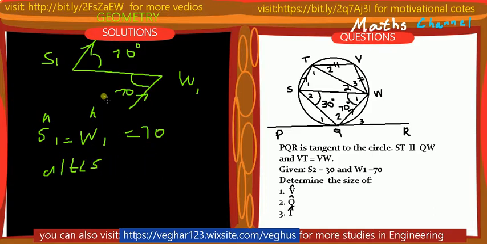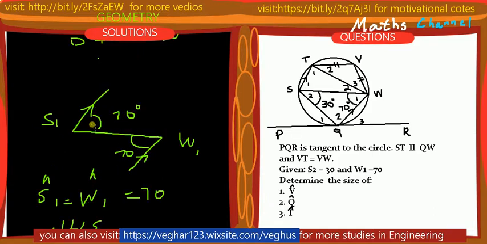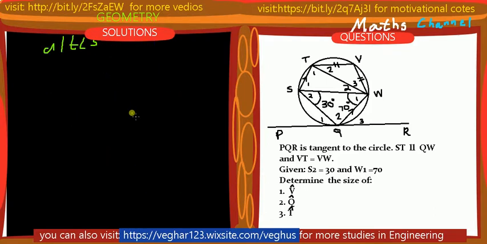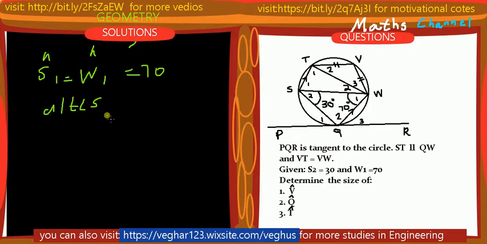So we have this S1 which is here. So we have one of the problems here, and we are going to use alternating angles because ST is parallel to QW.